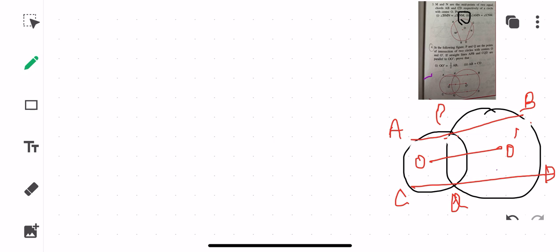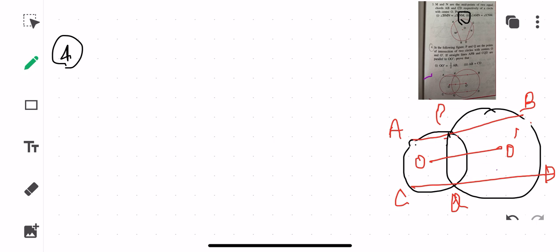Now we'll be writing down what all things have been given. So this is the figure first of all. Question number 4: P and Q are the points of intersection of two circles of centers O and O dash, and the straight line is parallel to this one, prove that. So nothing has been given here, children. Simply nothing has been given, only this is the thing that you have to prove.